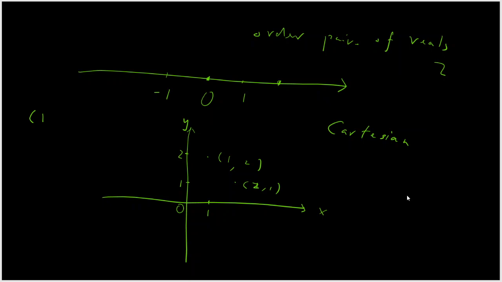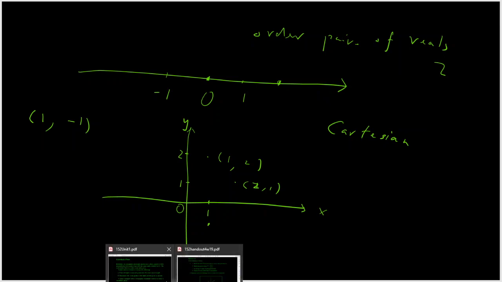If I give you x coordinate 1 and y coordinate -1, this pair of real numbers will determine a point on the rectangular coordinate plane uniquely. You have a point in here, right? It's nothing but the coordinates we have been using all the time.